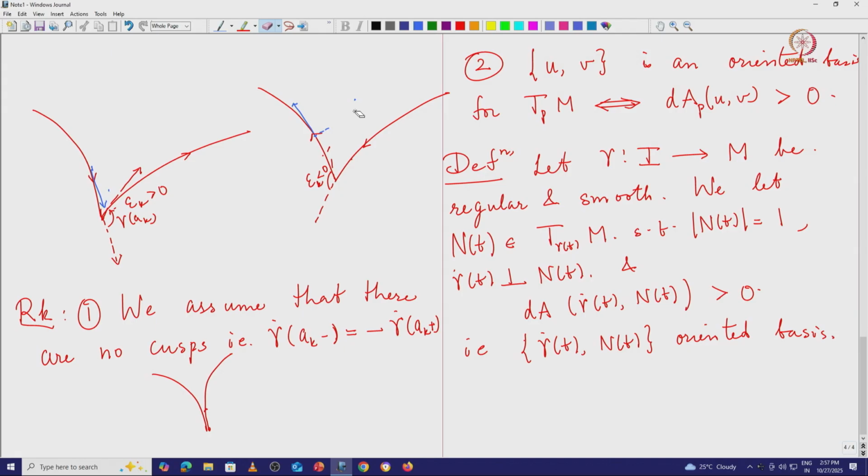So you have to rotate in the counterclockwise direction. So here the n of t would be this, and the opposite would be the case in the other picture.